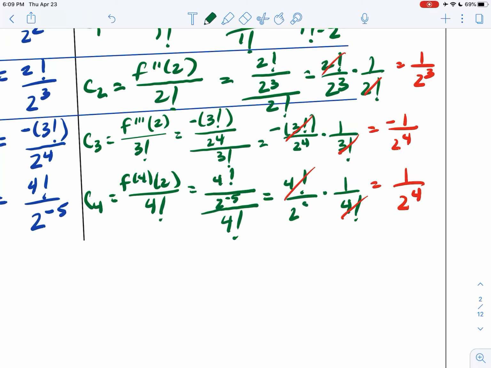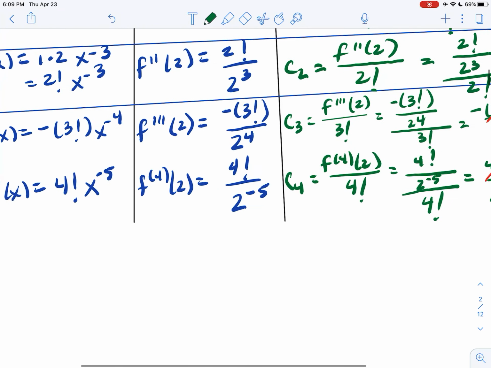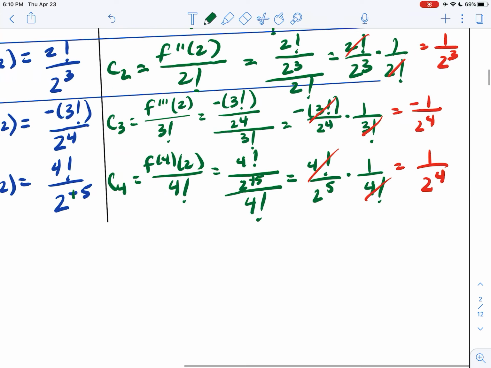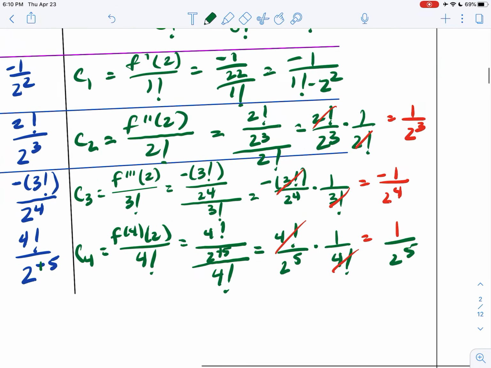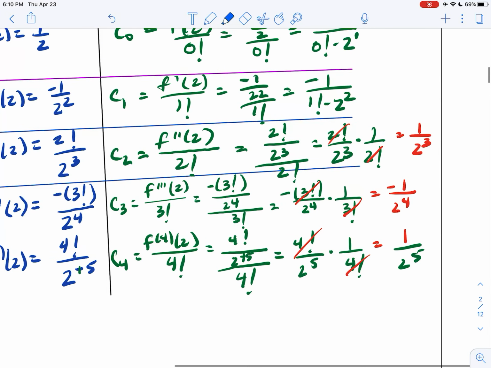And this is going to be a minus as well. That's going to be a plus. Okay. All right. So this one here, and making that mistake, is 2 to the fifth.